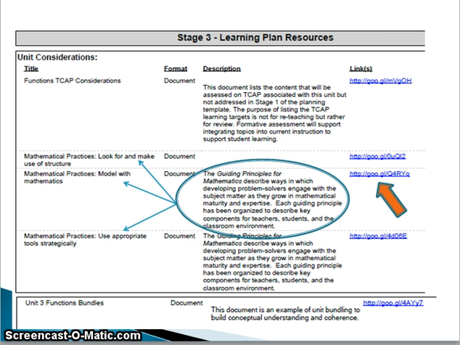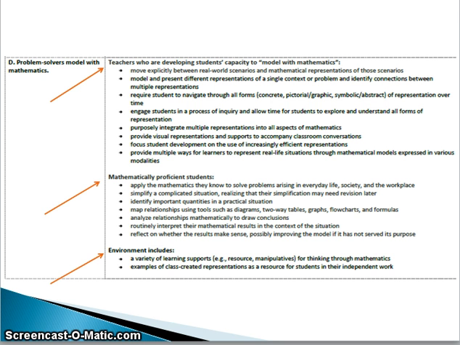Also included in the unit considerations are the mathematical practices to emphasize in the unit. There are 8 standards for mathematical practice which are identified in Common Core. These standards identify the processes that math educators at all levels should seek to develop in their students. Each unit will have 1 or 2 mathematical practices to emphasize in that particular unit of study.